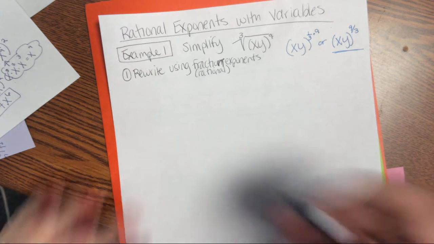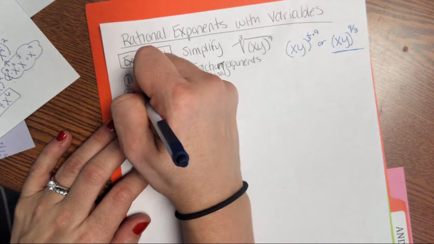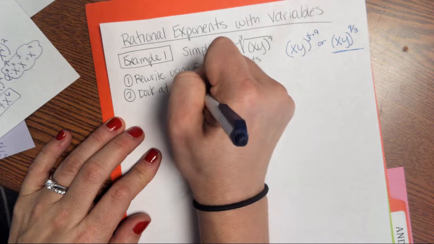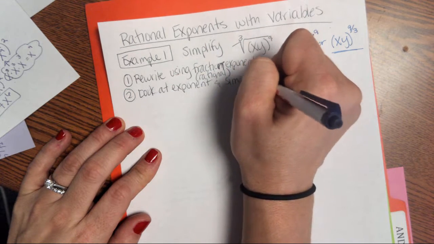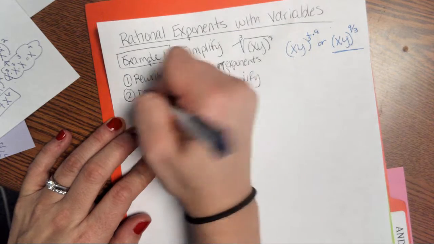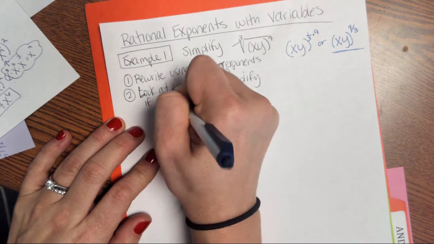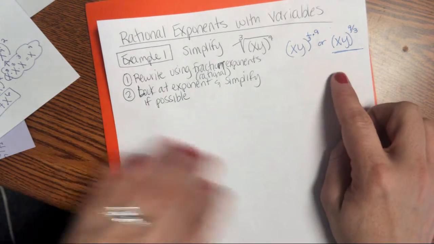Okay, step 2 is you look at the exponent and see if there's any simplifying to do. Exponent, simplify if possible.